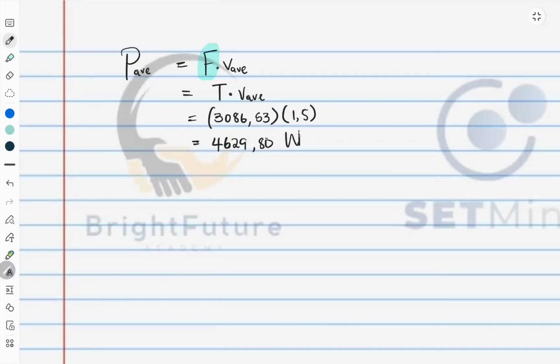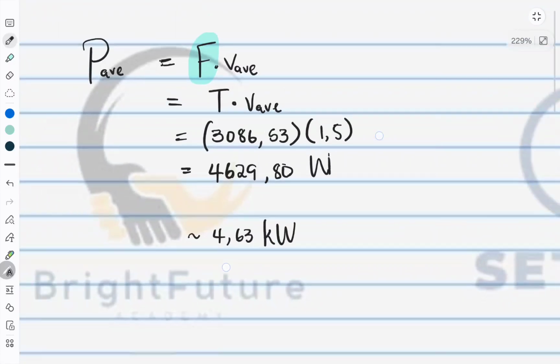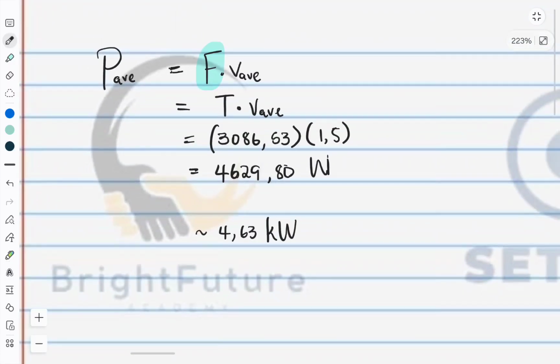watts. If you want to write it in kilowatts, you simply divide this by 1,000 and you'll get something like 4.63. It's an estimated 4.63 kilowatts. Still the same thing.